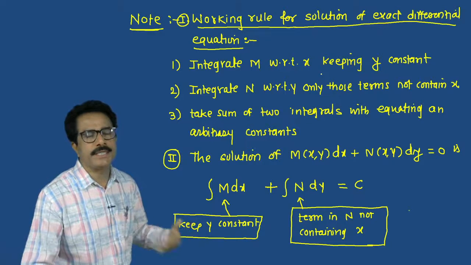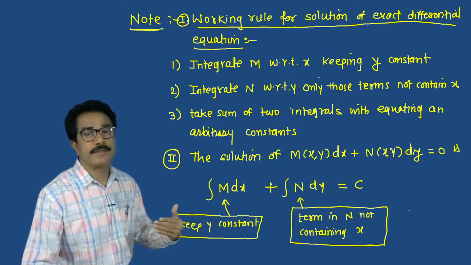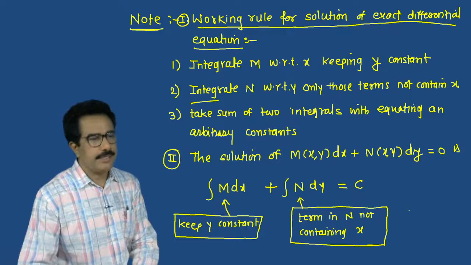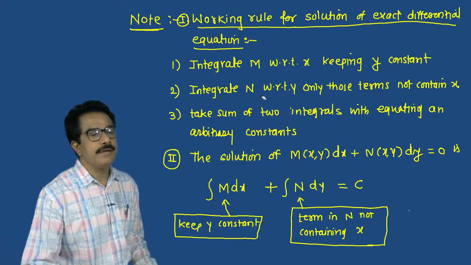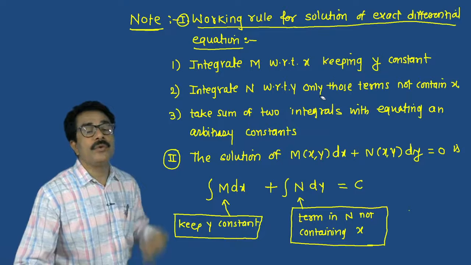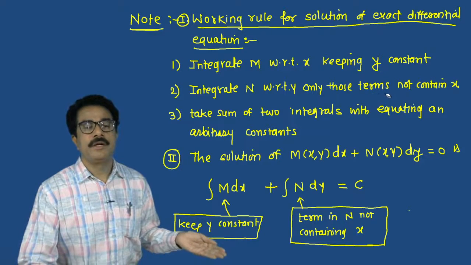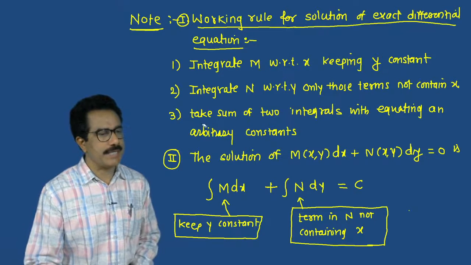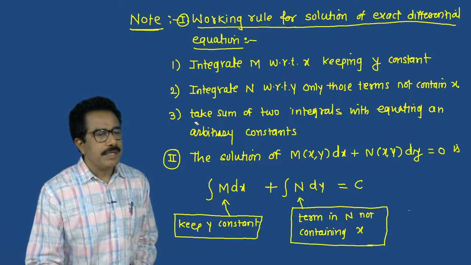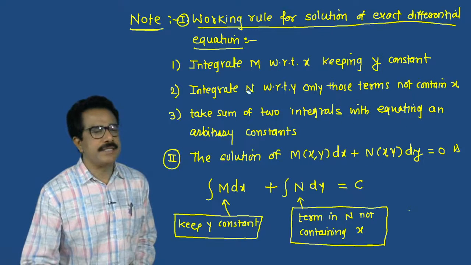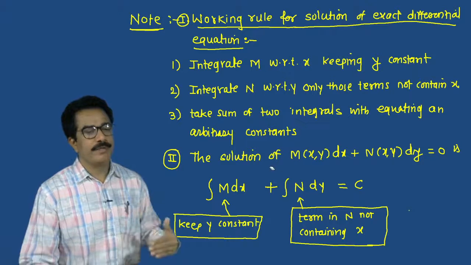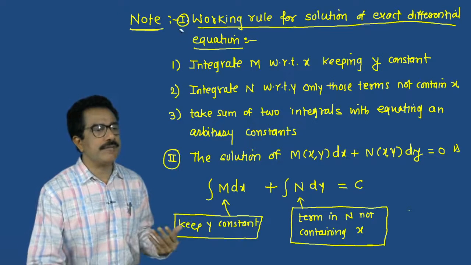Then integrate N with respect to y, only those terms that do not contain x. Third, take the sum of the two integrals, and equate it to an arbitrary constant. So we get the solution. This is the first method.